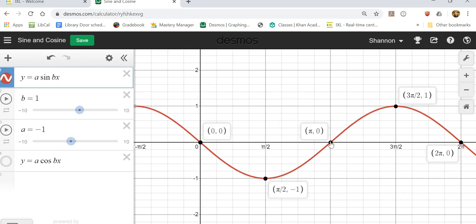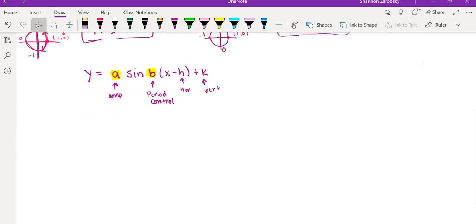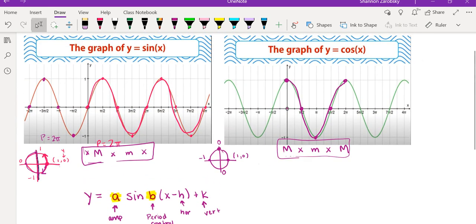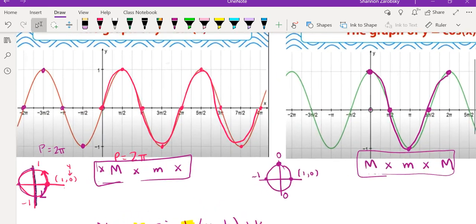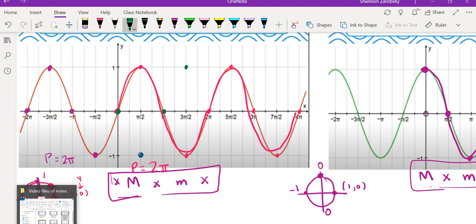Okay, so if I go back to this one, note the graph of y equals negative sine x, or -1 sine x, instead of doing 0, I would go to -1, then back to 0, then back to +1, and then back to 0. So it would look something like this, which kind of starts to create a cool pattern.